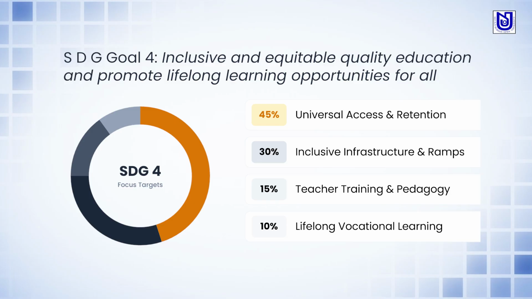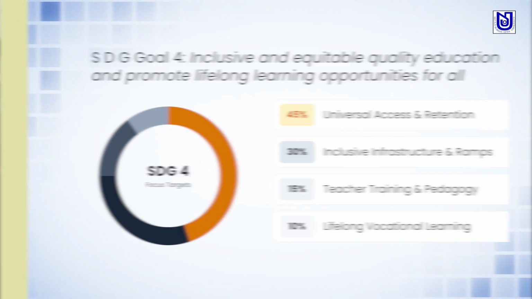Therefore, we can say policies and frameworks such as UN CRPD or SDG Goal 4 have paved the path for global inclusion in education. However, there is still a long way to complete this journey.